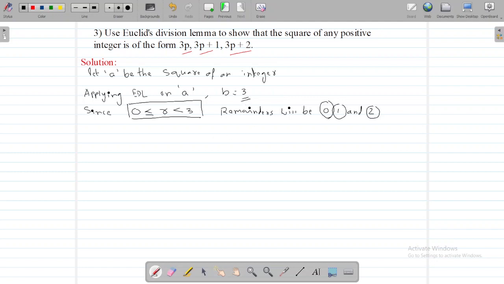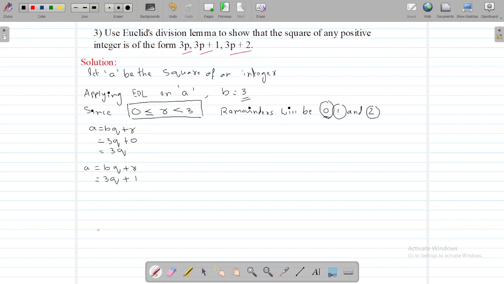So again now by using a is equal to bq plus r, what is our b value? 3q plus 0, which is nothing but 3p. Similarly for the second one, a is equal to bq plus r, so 3q plus 1.